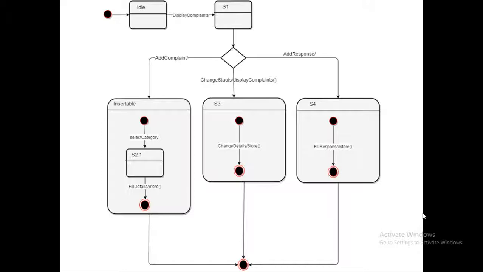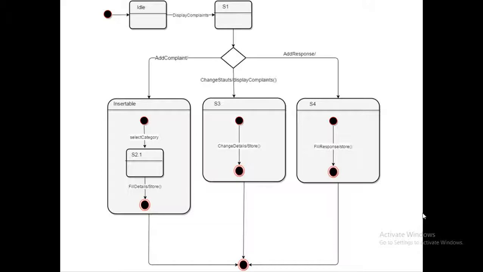These events are responsible for state changes of order objects. After idle state, when all the complaints are displayed, then it goes to the next state, that is S1 state. Now from this state, three events can occur: add complaint, change status, and add response. According to the event, state will be changed.